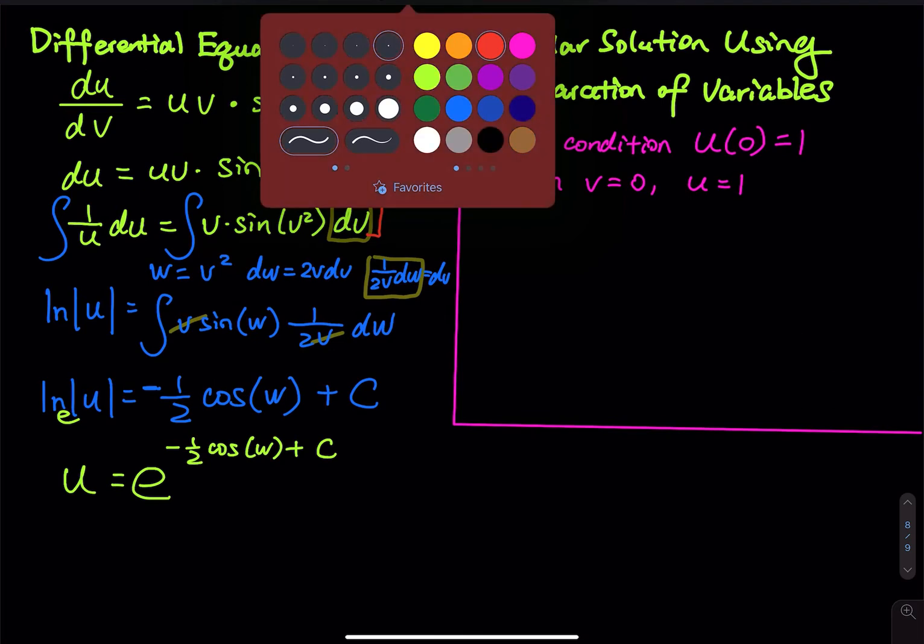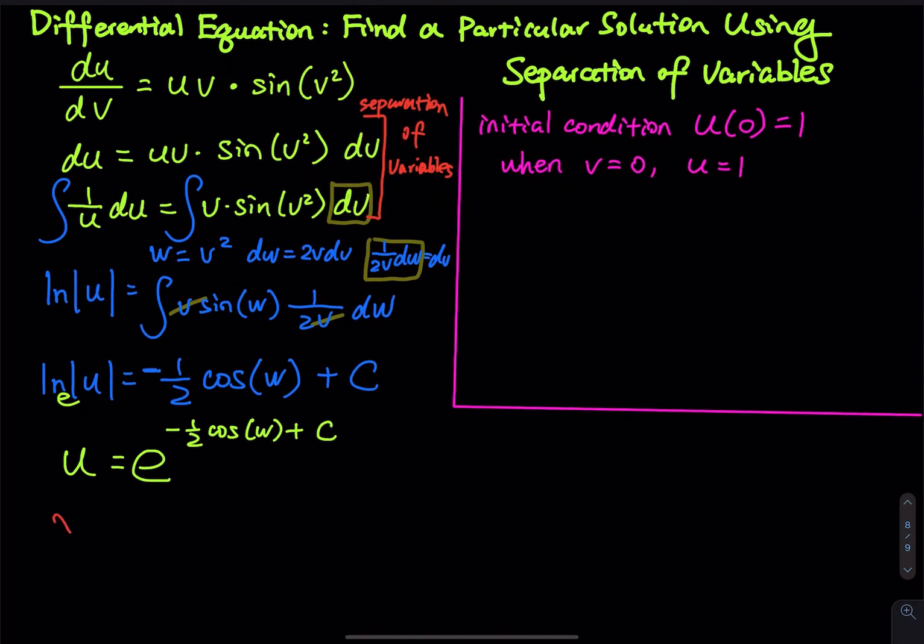I have to remind you of the properties of exponents. Let's say you have x to the n times x to the m. Same base, you have x to the n plus m. Let's say e to the n times e to the m. So that is e to the n plus m. So you have the e, you have a plus.